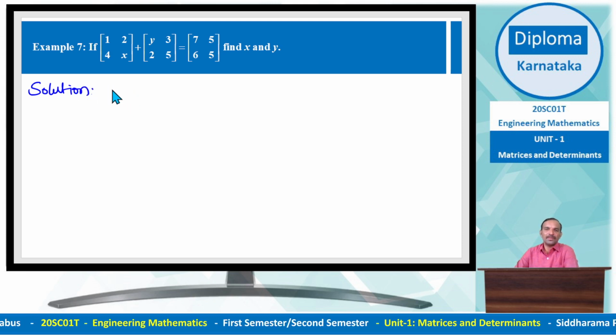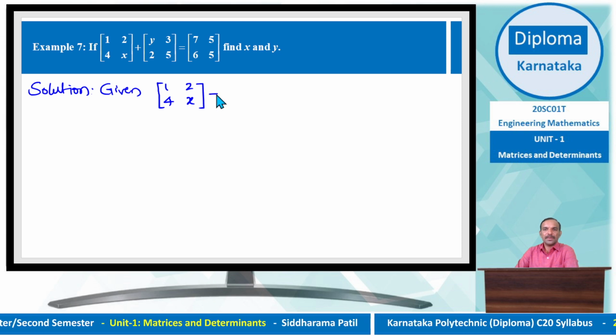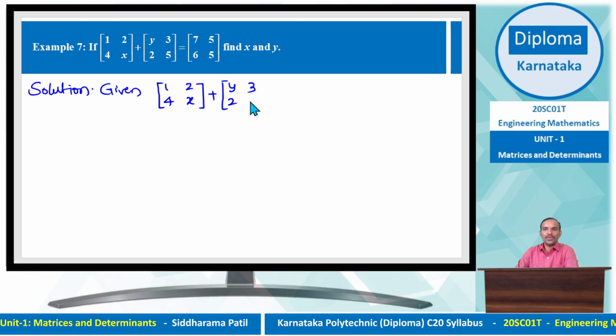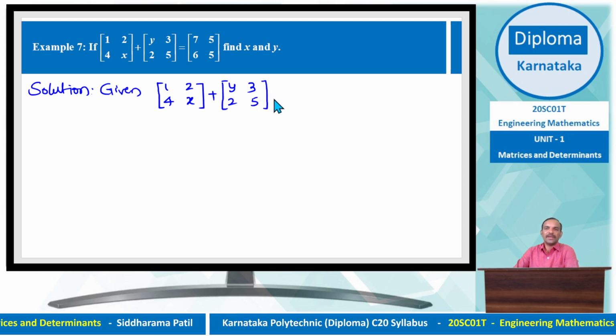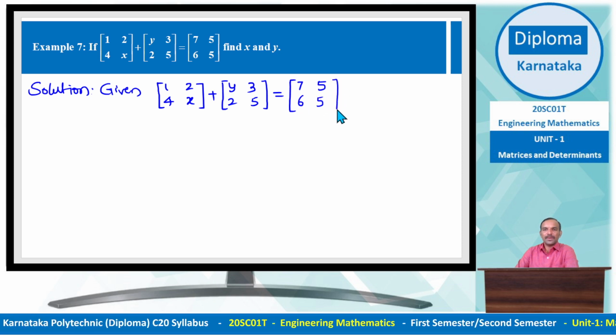You have to find out those unknowns. Given matrix 1, 2, 4x plus y, 3, 2, 5 is equal to 7, 5, 6, 5. You have to find out x and y.